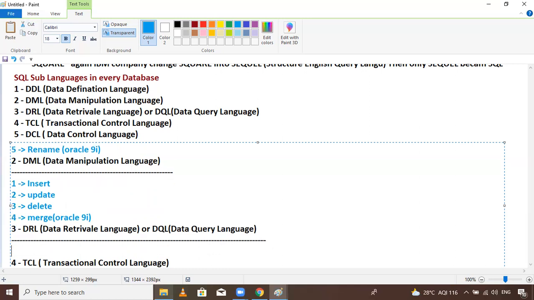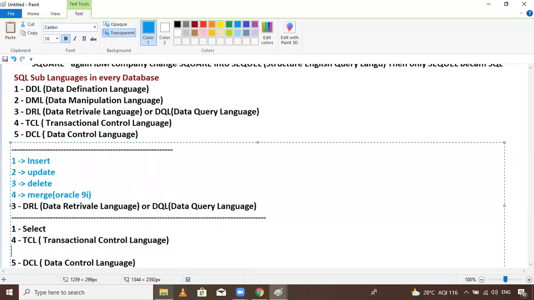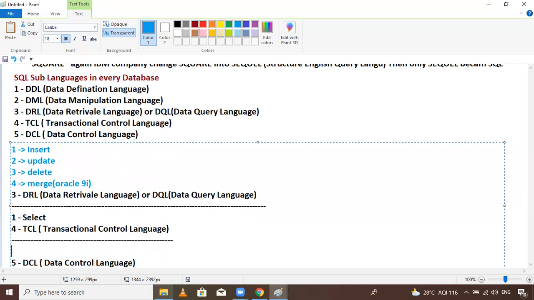DRL has only one query. This is the very important query. What is the query? Select. Only one query exists. Now TCL means transactional control: it controls transactions like inserting and updating.